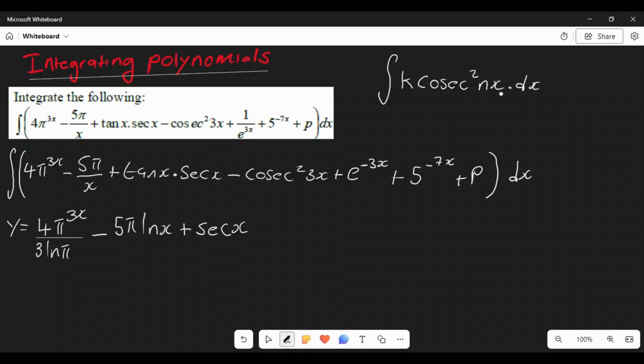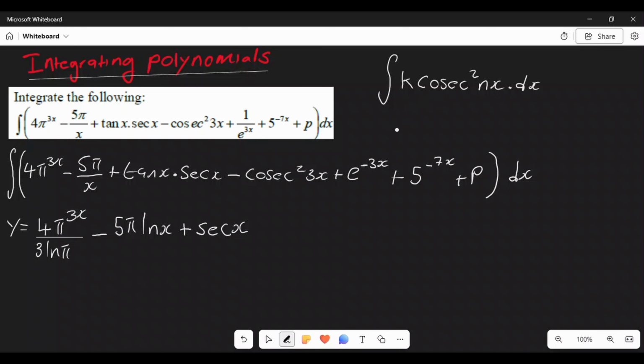So you need to be very careful, guys. Okay, so as I'm writing it here, basically this is what we have here. So we need to integrate the cosec squared here. So in order for you to integrate this one, you need to know what this is a derivative of. So when you go to your derivatives for trigonometric ratios, you will notice that cosec square is actually the derivative of cot, in fact negative cot.